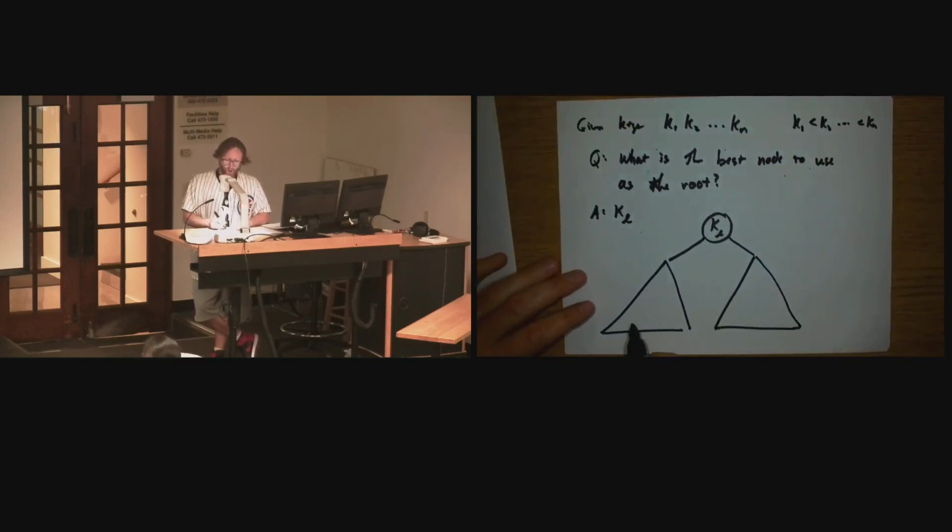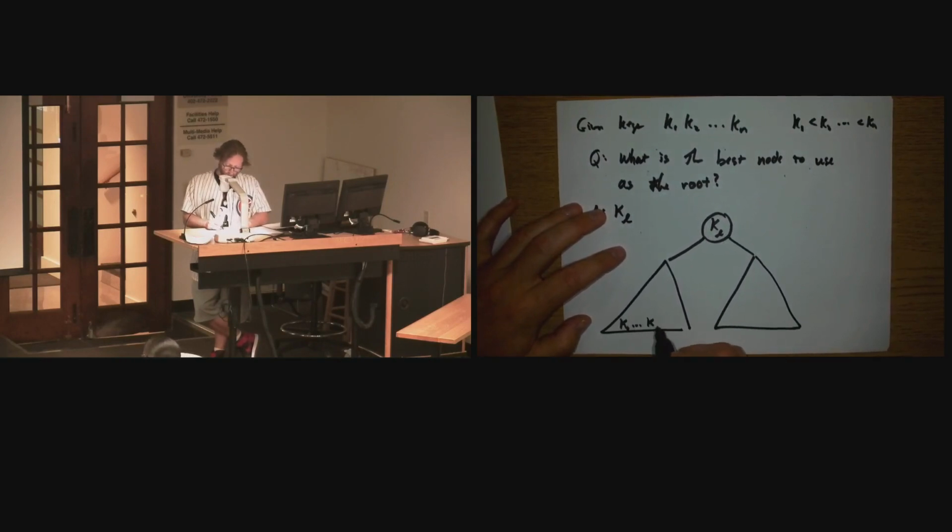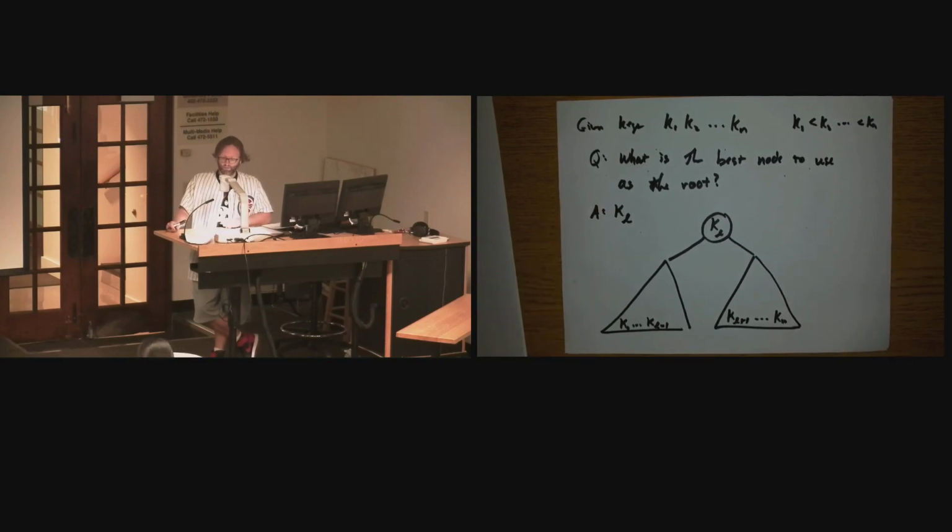So it belongs over here: K1 through K of L minus 1. And what's over here in this right subtree? K sub L plus 1, through to the end, K sub N. Okay? That's kind of the first solution.